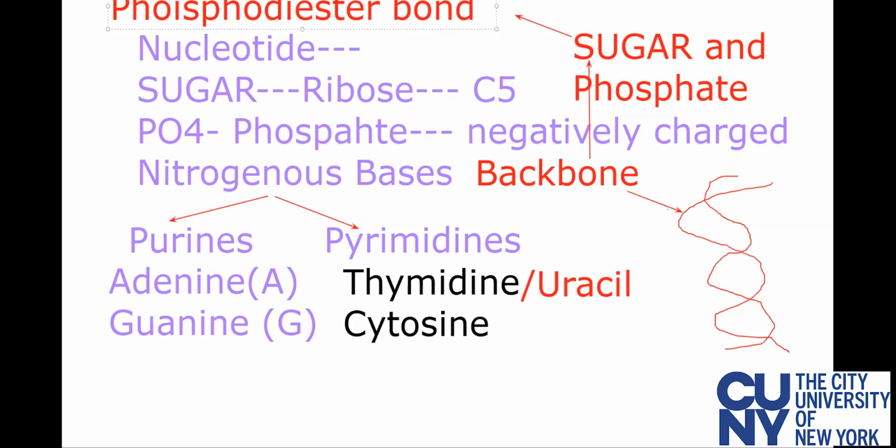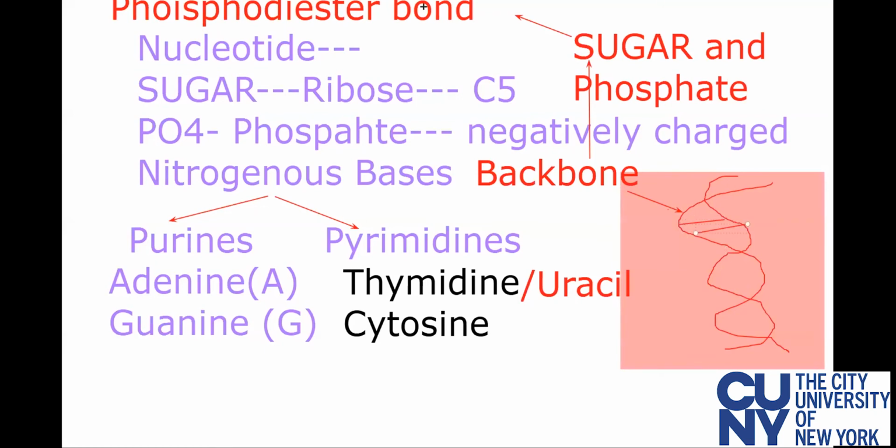Now, the bigger question comes here that okay, DNA is double-stranded. How are these two ladders held together? So these ladders are held together by a staircase type structure, right? Staircase like this, all over.